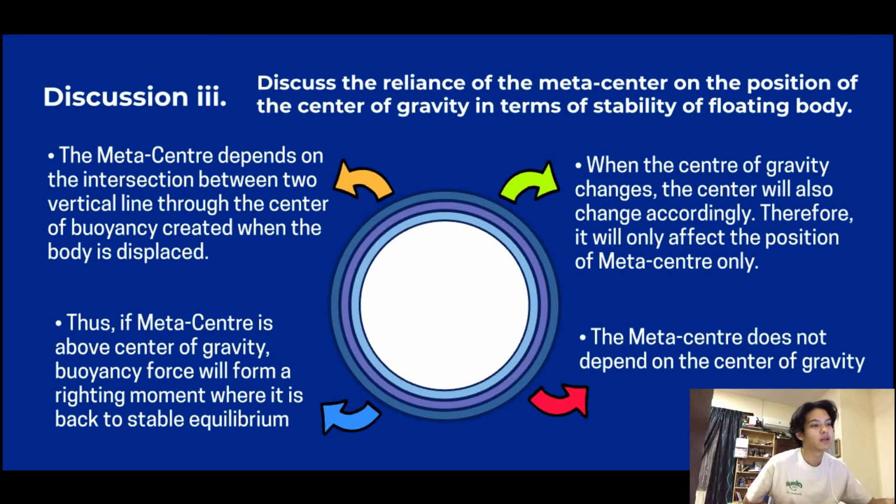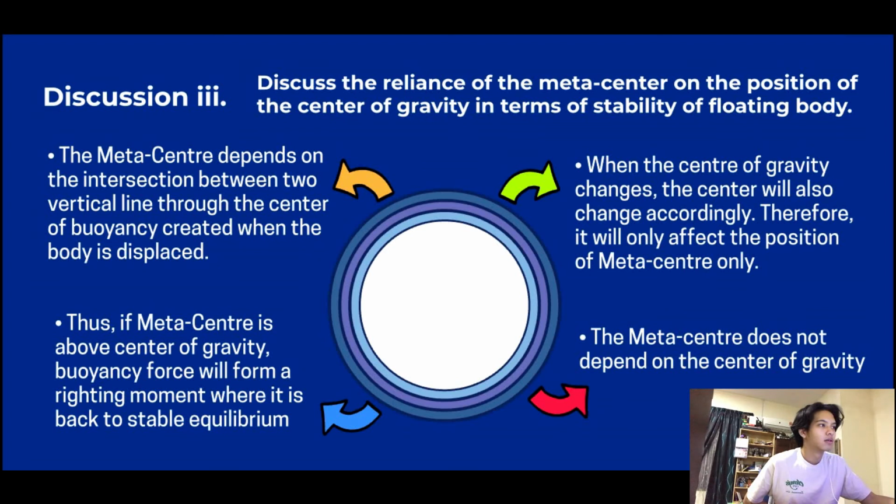Therefore, if the metacenter is above the center of gravity, the buoyancy force will form a righting moment where it goes back to its equilibrium form. Also, when the center of gravity changes, the center of buoyancy will also change accordingly. Therefore, it will only affect the position of the metacenter. The metacenter does not depend on the center of gravity.